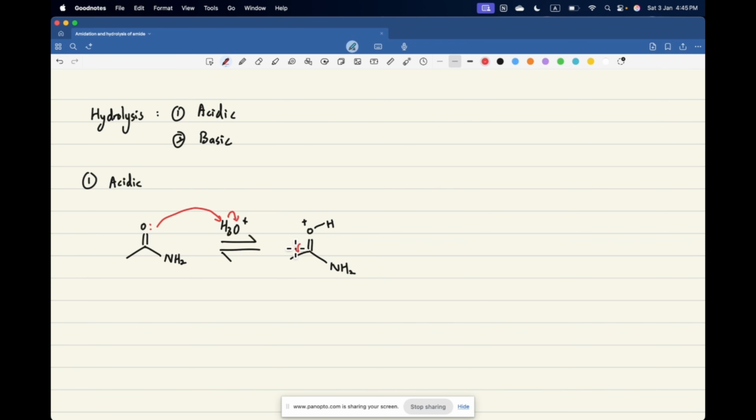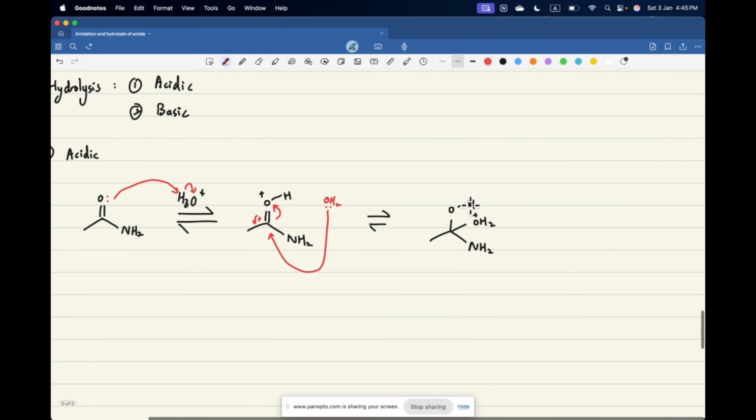So this carbon will be more delta positive, and that favors the nucleophilic attack by our water molecule, which gives back the electrons to the oxygen and forms a positive oxygen again. After that, another molecule is going to deprotonate our positive oxygen, so that we'll get a diol product, OH and OH and NH2.